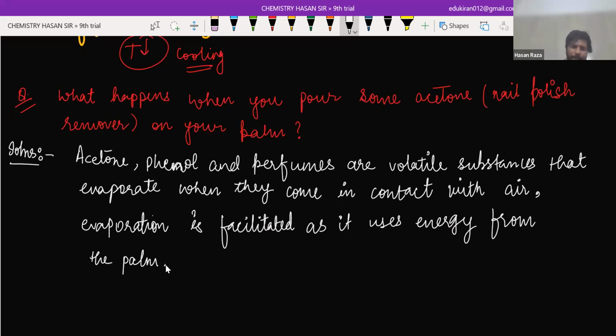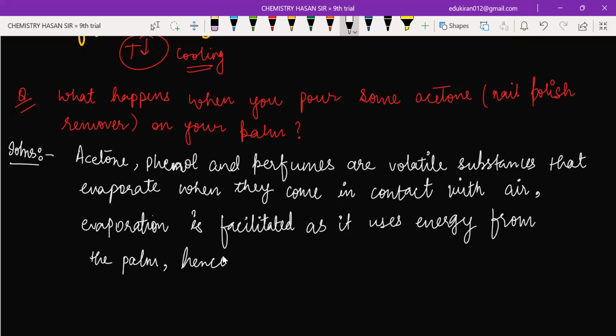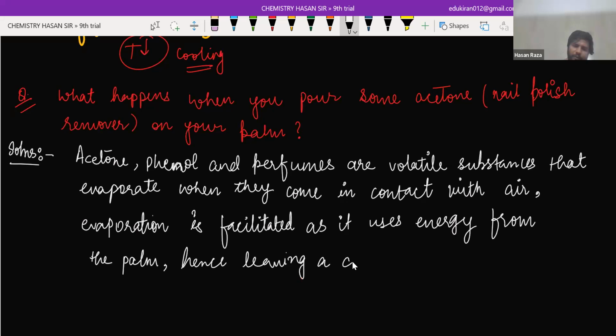Is that clear? Yes, sir. Leaving a cooling effect on our palms. Very easy it is.